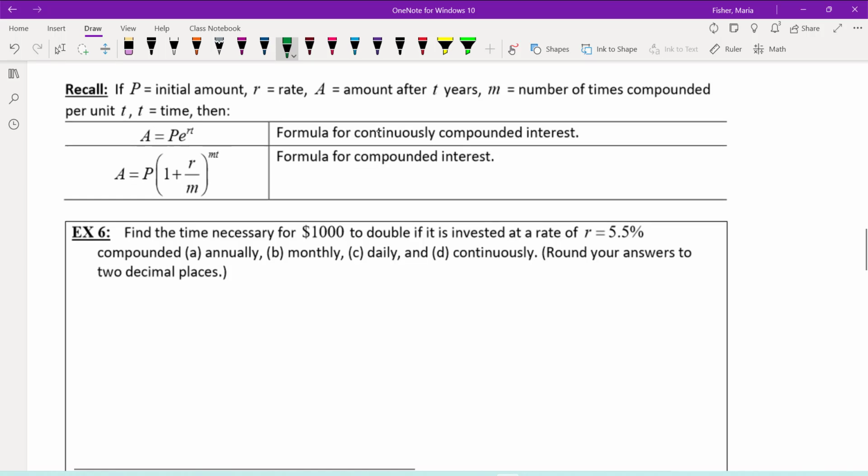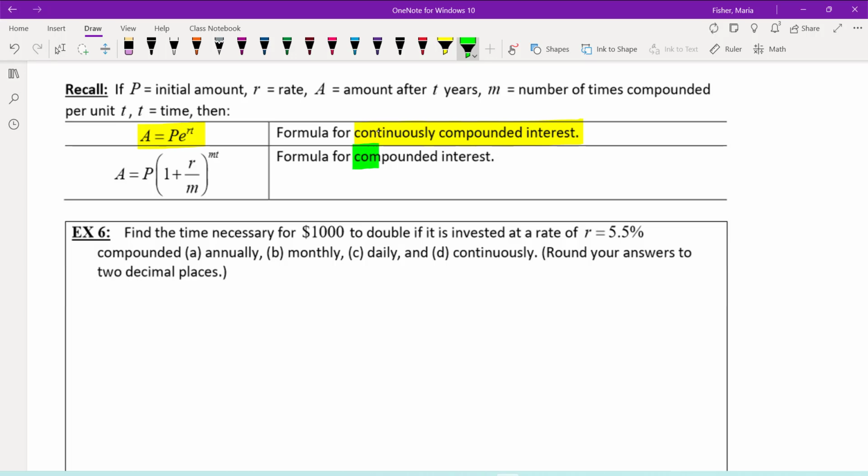The next example that we're looking at deals with interest, and there's two different formulas for interest. We have the formula for interest that is compounded continuously, and that's A equals P e to the RT.